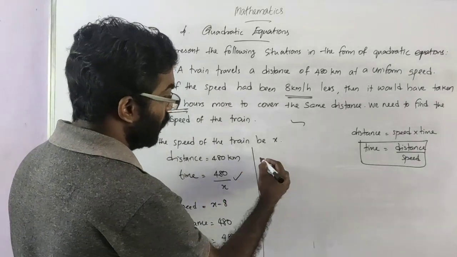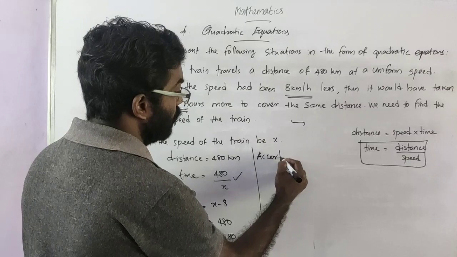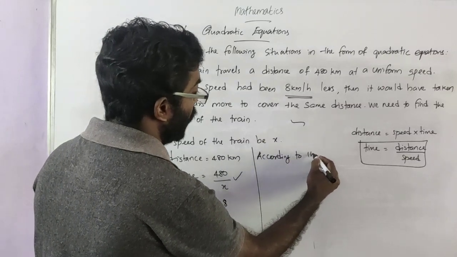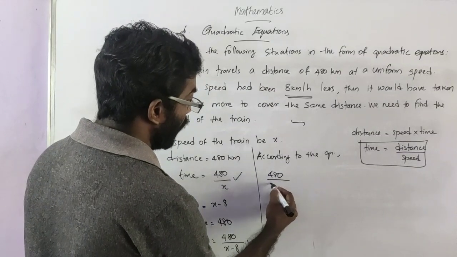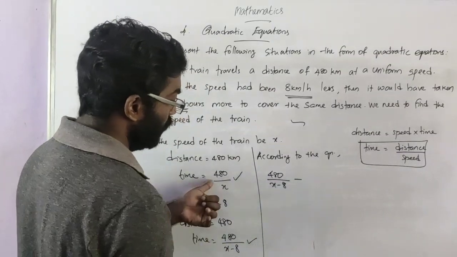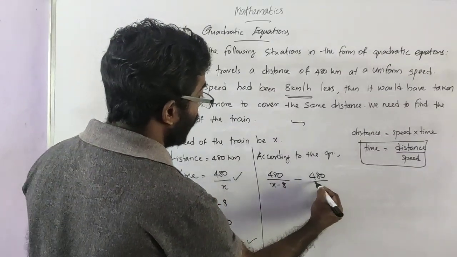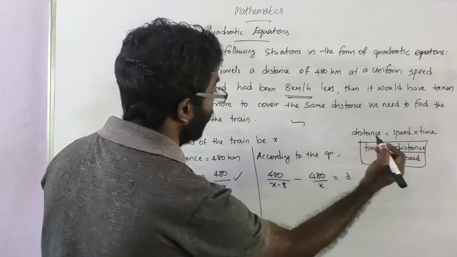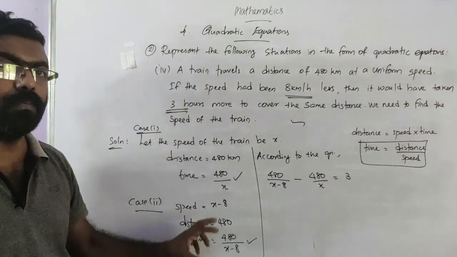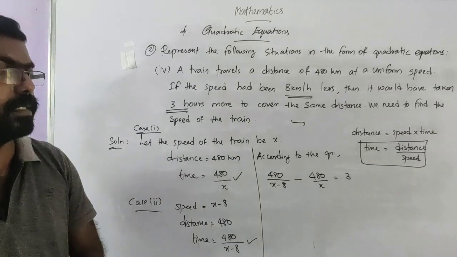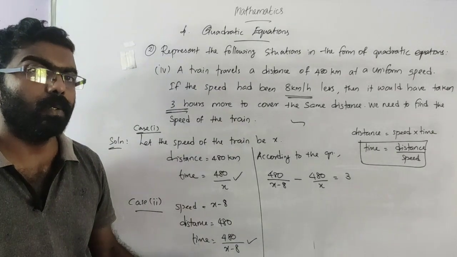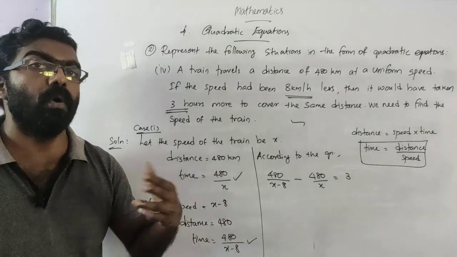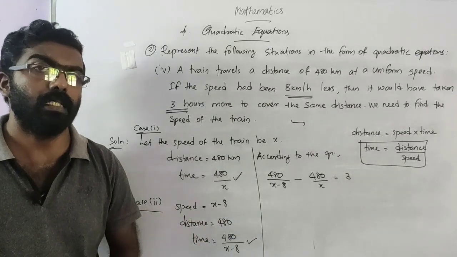So according to the question we get 480 by x minus 8 minus this one, 480 divided by x will be equal to 3 hours, because the difference between these two times is 3. It is given that in the second case it would have taken 3 hours more to cover the same distance.